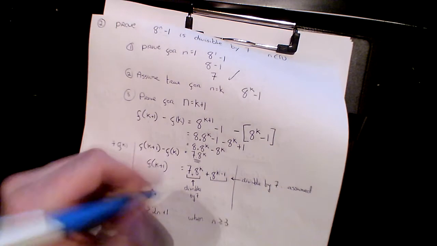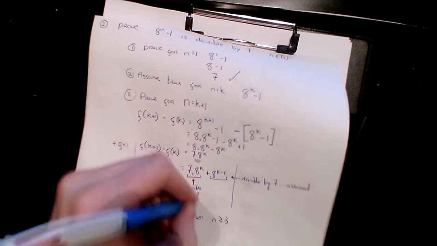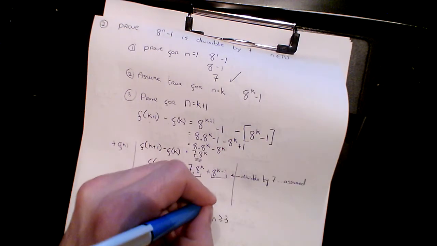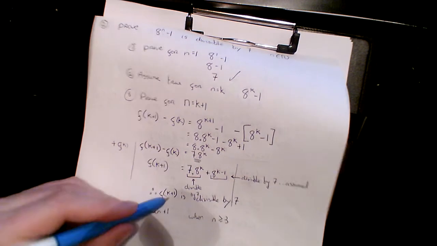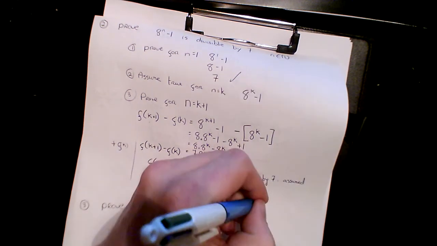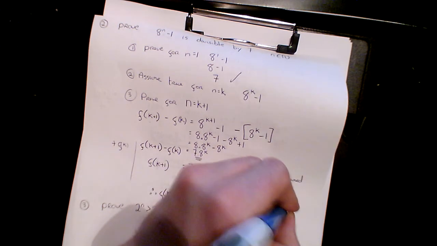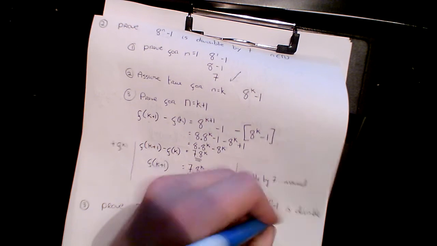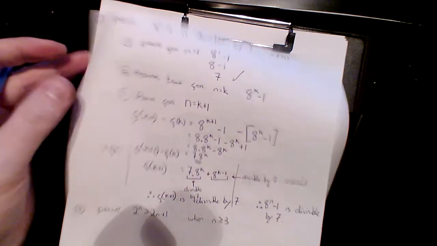Well, in that case, therefore f of k plus 1 is, sorry about the neatness of it, divisible by 7. Okay, so that's divisible by 7. But really what we're going to say is, therefore, the 8^n minus 1 is divisible by 7. Okay?